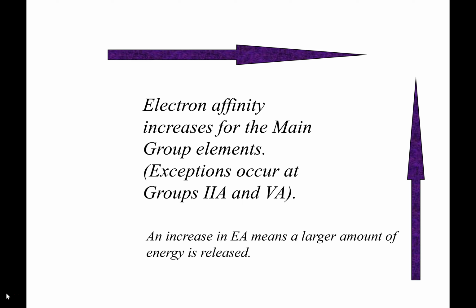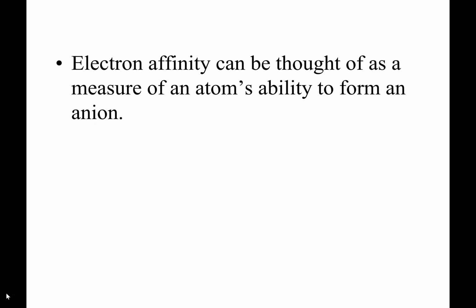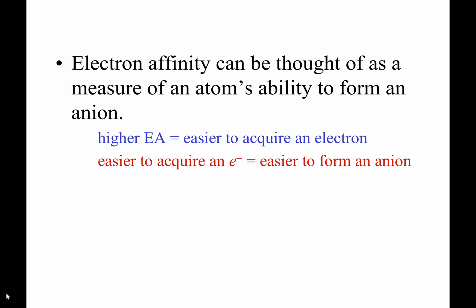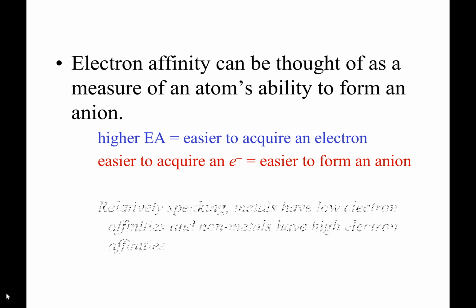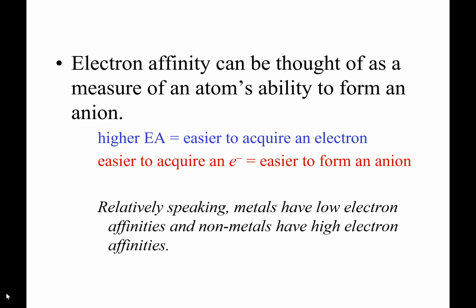Same trend as electronegativity. Because electron affinity can be thought of as an atom's want for electrons. And who wants electrons most? These guys over here. So relatively speaking, metals have low electron affinities, and nonmetals have high electron affinities.